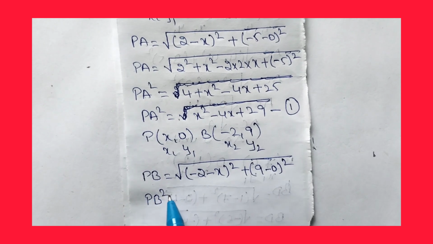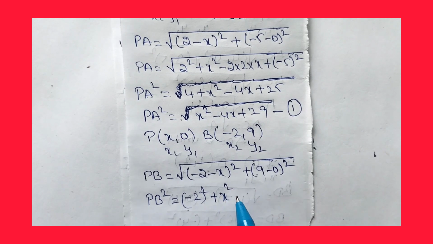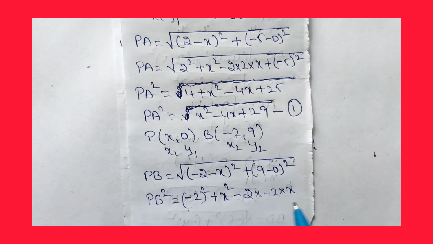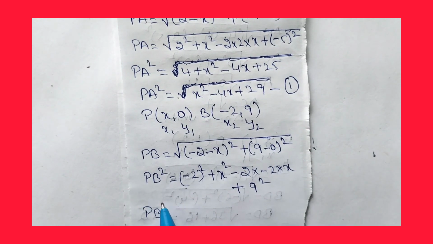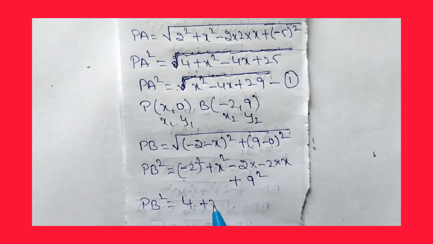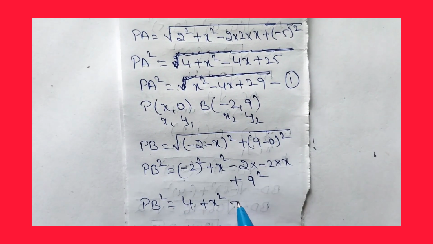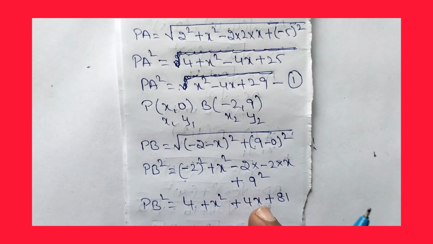So PB square is equal to, I removed the root right away, it is in the form of (a - b) whole square. a square is (-2) whole square, plus b square is x square, minus 2 into a, that is -2, into b, that is x, plus (9 - 0) whole square, that is 9 square. So PB square is equal to (-2) whole square is 4, plus x square, minus into minus is plus, 2 twos are 4x, plus 9 nines are 81.